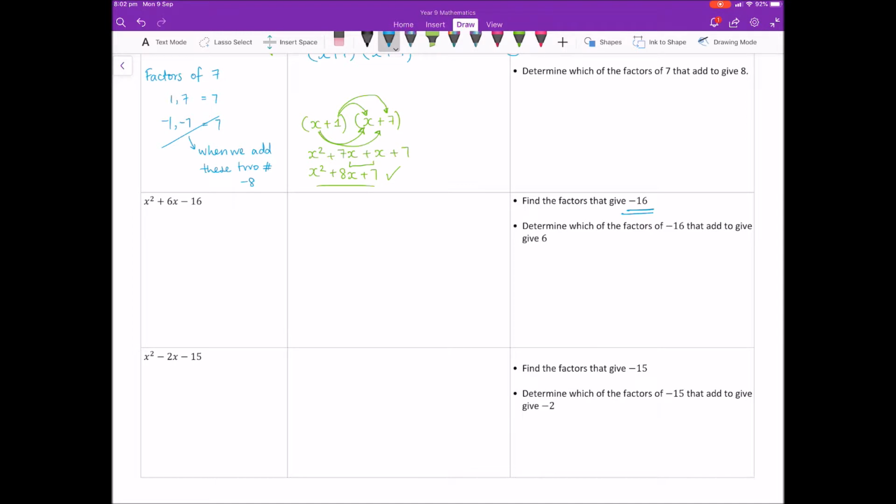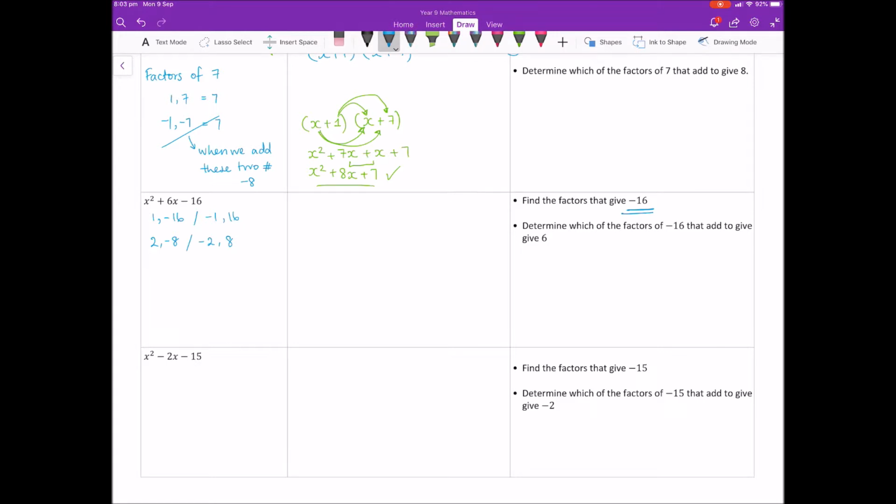If we take a look at our combinations, we have 1 times negative 16, or negative 1 and positive 16, both of which multiply to give us negative 16. We can have 2 times negative 8, or negative 2 times 8.